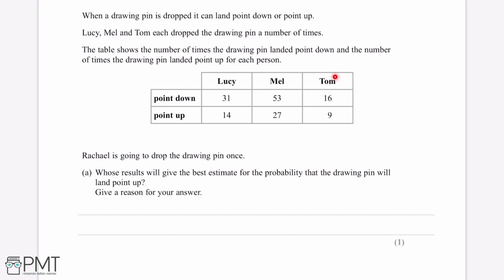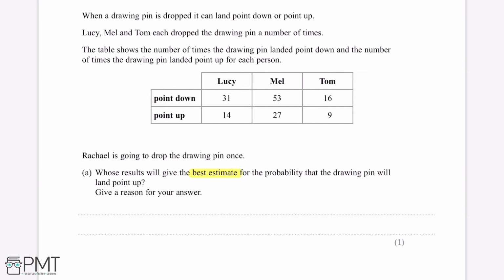So if we take a look at this table, the person whose results will give the best estimate for the probability the drawing pin will land point up will be the person who threw the drawing pin the most number of times. So what we can do for each Lucy, Mel and Tom is add together the number of times the pin landed point down and then the number of times the drawing pin landed point up.